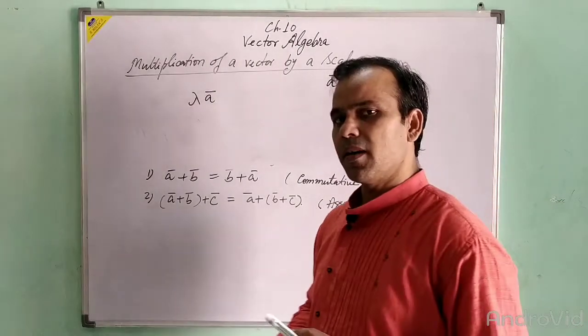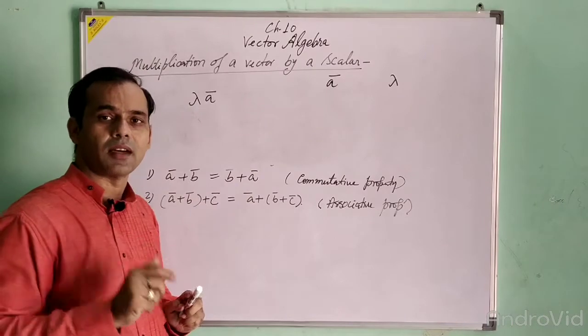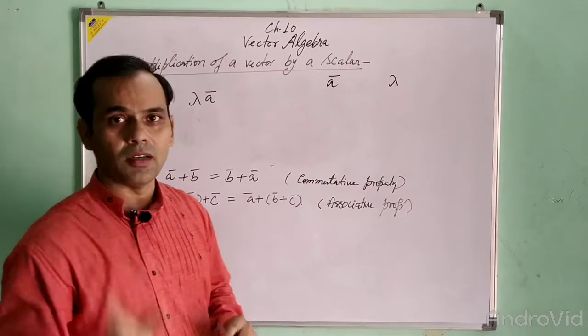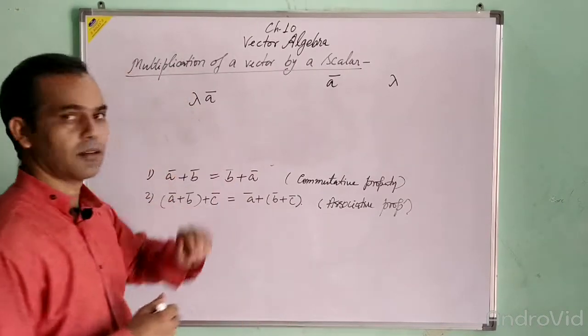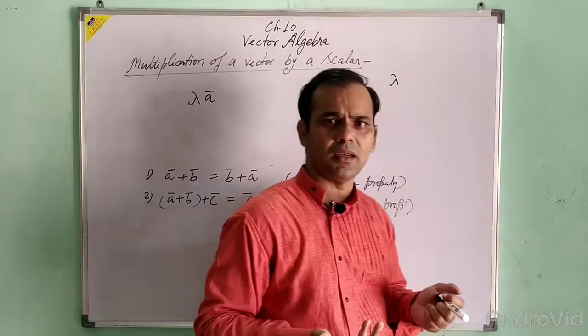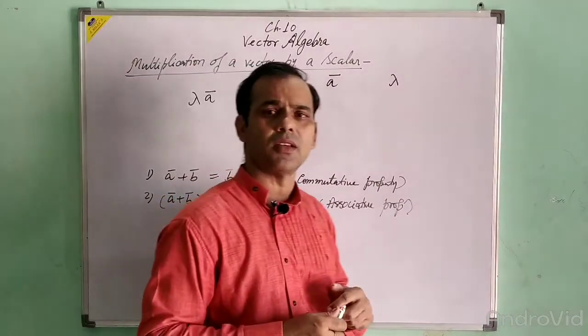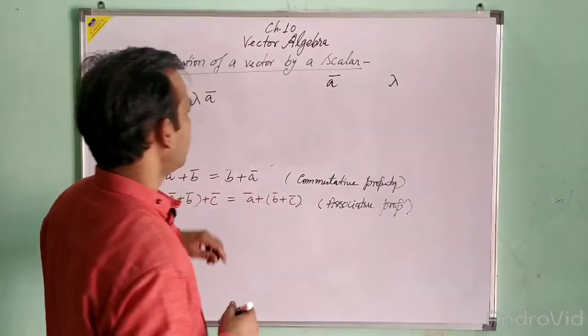If we multiply lambda to this vector, then lambda A vector will also be a vector that will be collinear to A vector. But its direction may be in the direction of A vector or in the inverse direction of A vector. What does it mean?